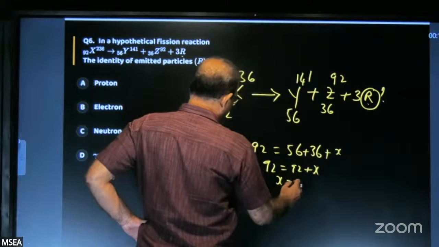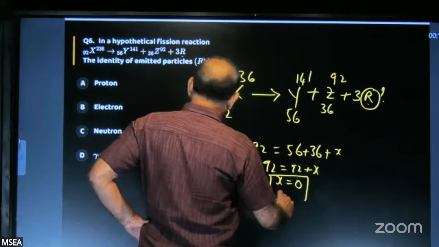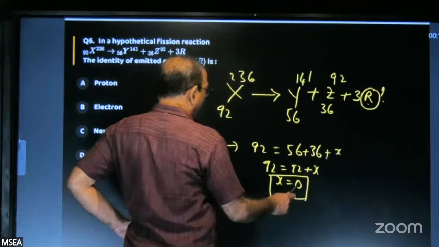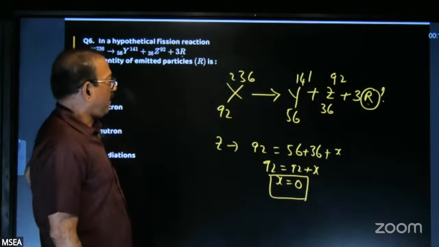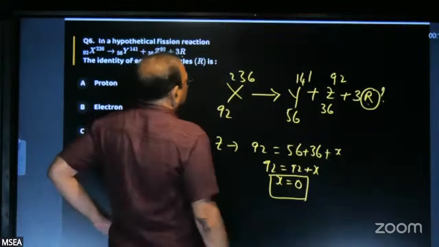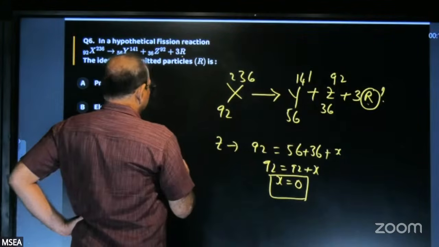So X is 0 we will get. Atomic number 0 means that should be a neutron. Neutron it is.